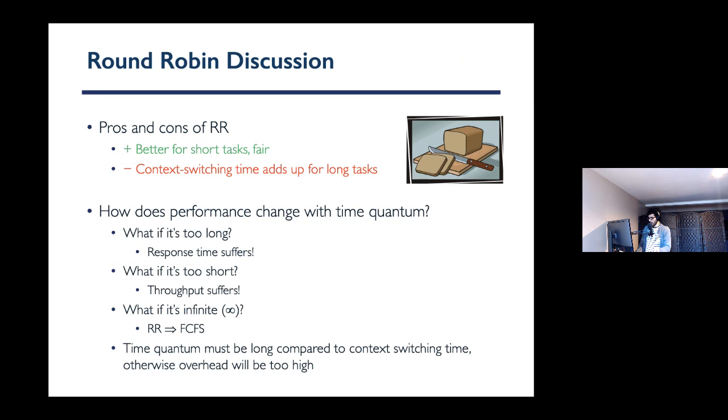In round robin, how do you know how to split a burst up? I'm not quite understanding the question. So in round robin, you set the time quantum, the length of time quantum.